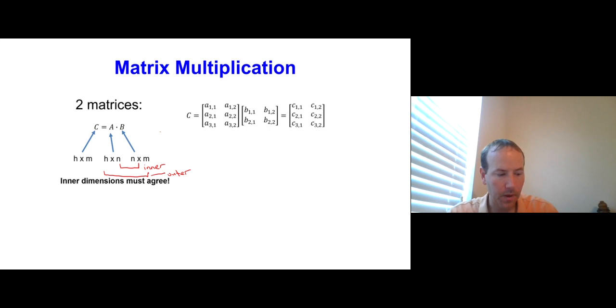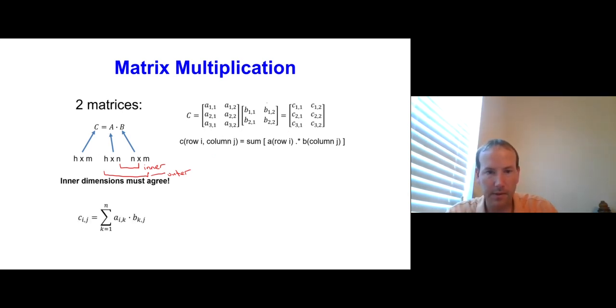Okay, so now if we want to multiply these together, the rule is this little formula right here, but let me explain it in a way that might make a little bit more sense to you.